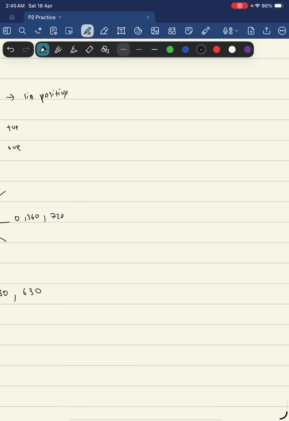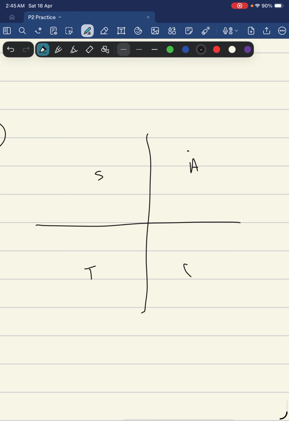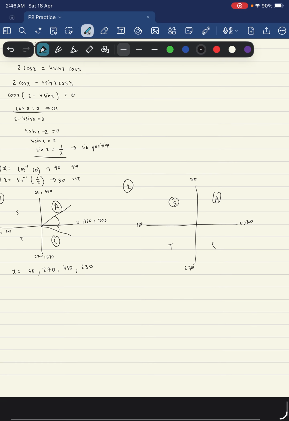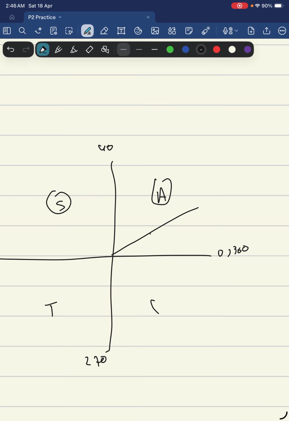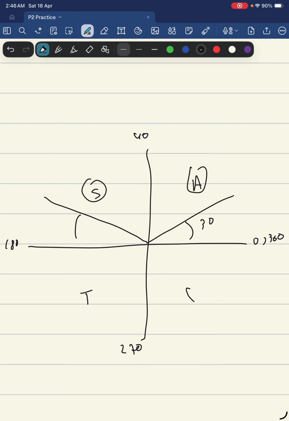We draw our second CAST diagram here. Sine is positive in this quadrant and this quadrant. So same thing: 0, 90, 180, 270, 360. And the value for sine is 30. 180 minus 30 is 150.